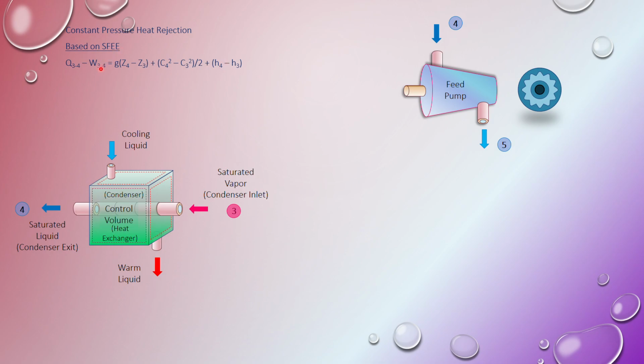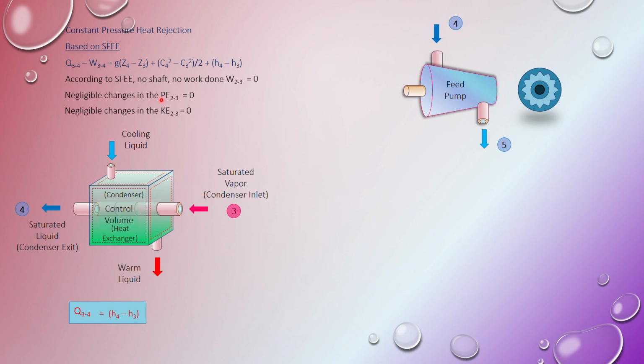In this case, the condenser doesn't employ any shaft for its cooling process, so the work done from 3 to 4 is neglected. It's 3 to 4, not 2 to 3, sorry. Work 3 to 4 equals 0.